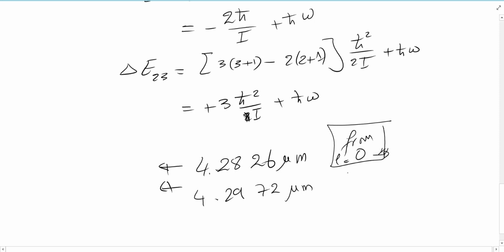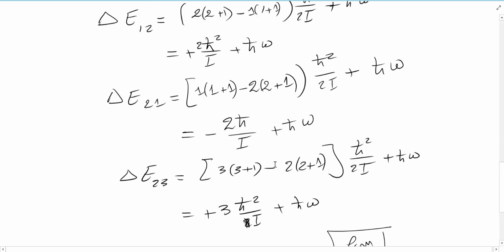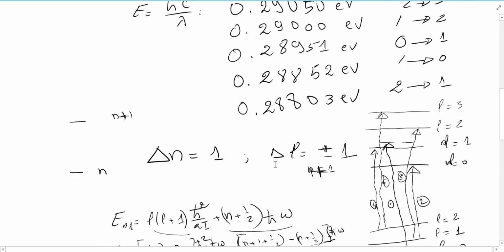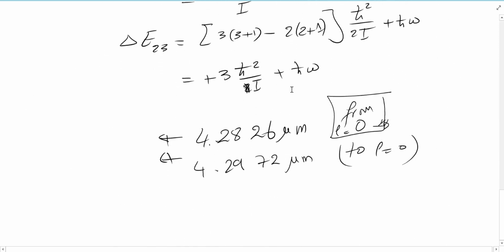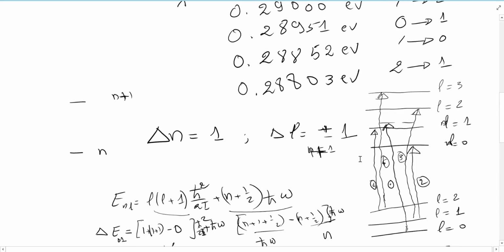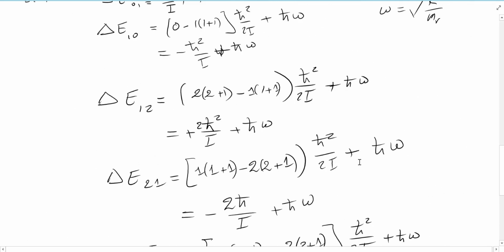So this is to L equals 0. Okay, so how much did we compute this expression? It's 0.28951 electron volts, and the other one is the one immediately next to it, which is 0.28852.